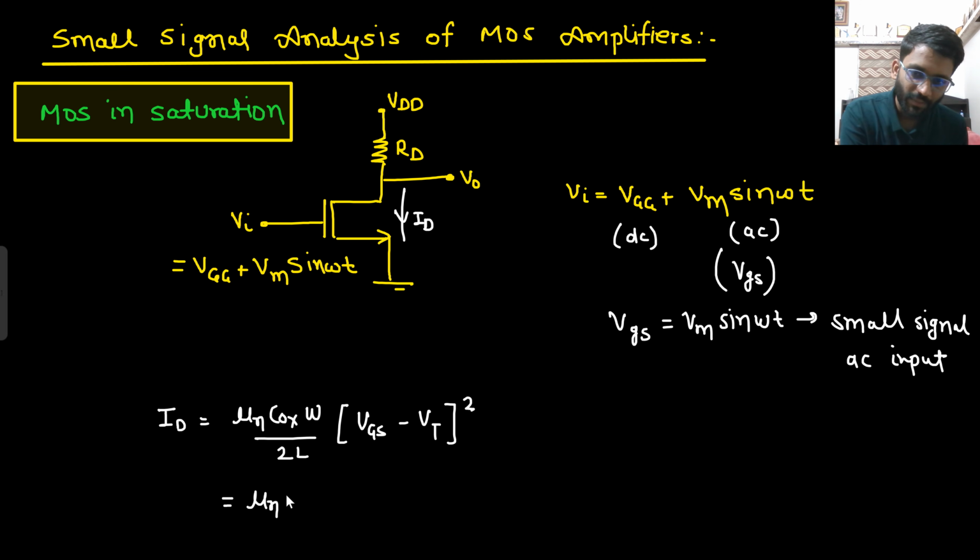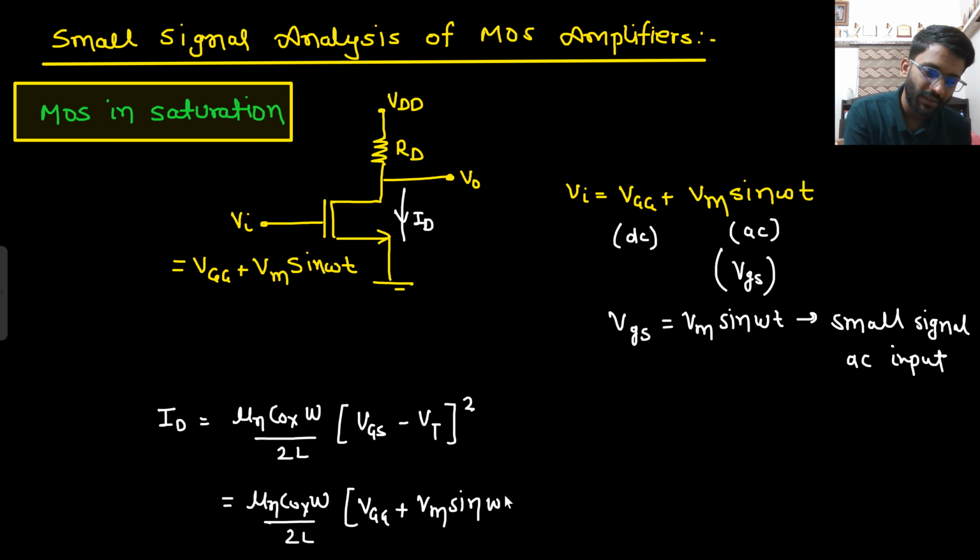So what will be my ID? Mu n COX W by 2L. What is my VGS? VGS is VGG plus Vm sin omega t, minus Vt whole square. So can I write it down like this?